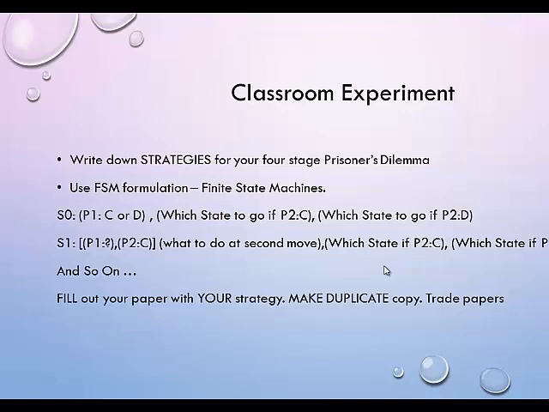12 is DCC. He defected on the first move, cooperated on the second and third. 13 is DCD. 14 is DDC.